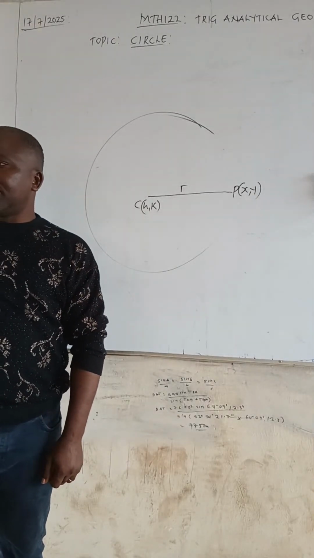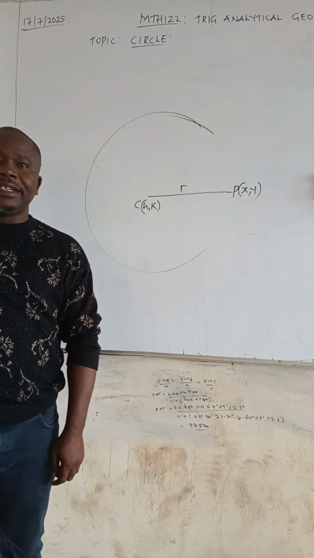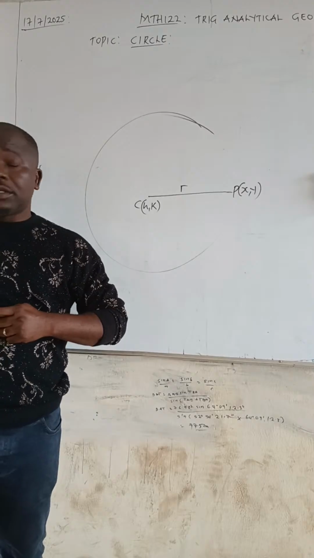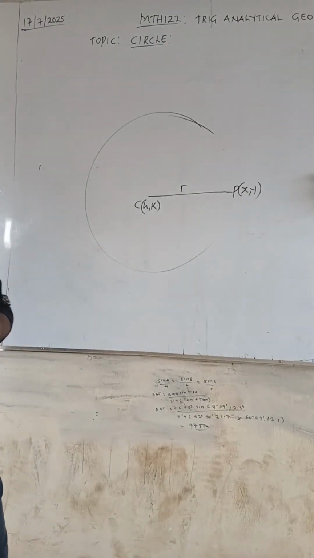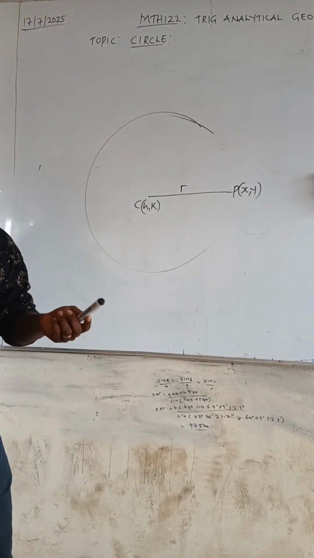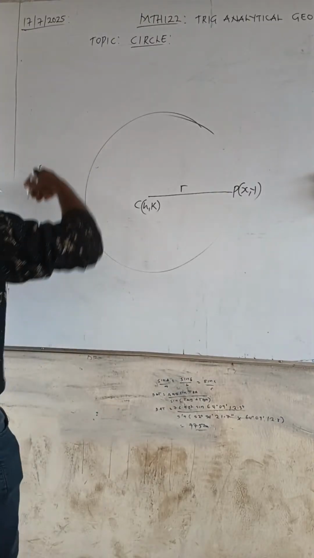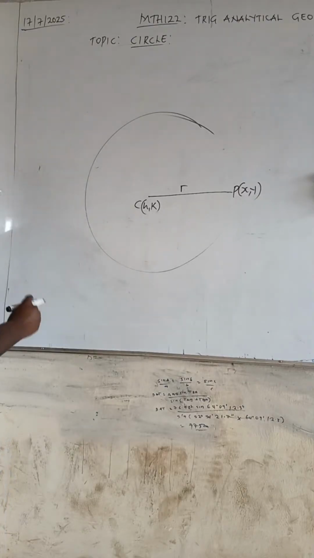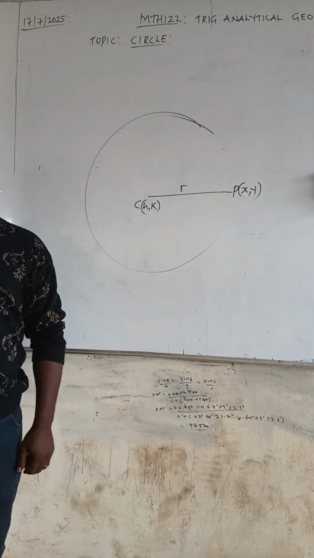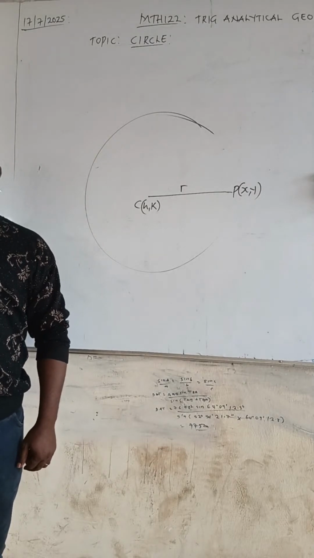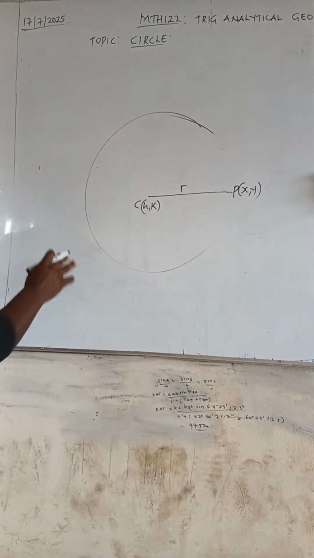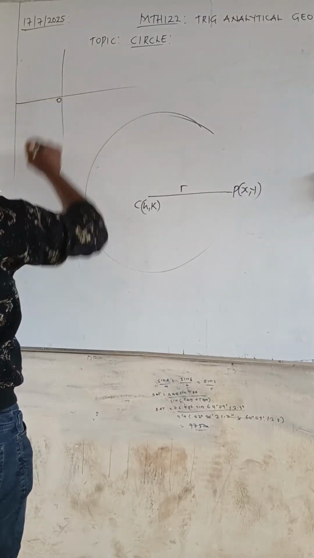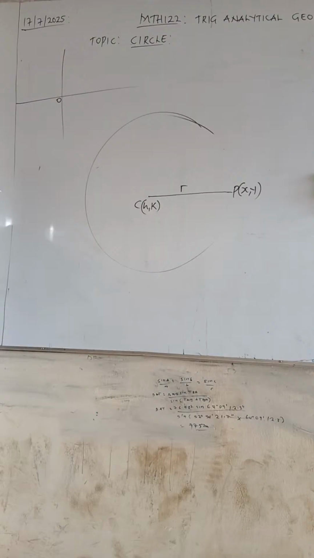I know very well that you were taught trig and algebra, and you know your Pythagoras theorem, isn't it? I know some of you don't know how Pythagoras was established. It was through your plane. If now we have a plane of this form, this is the origin.